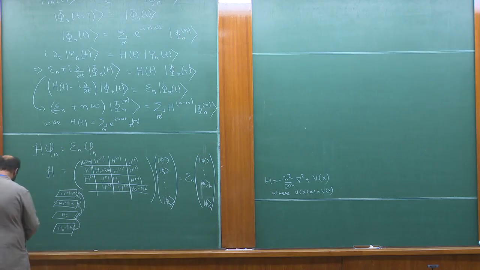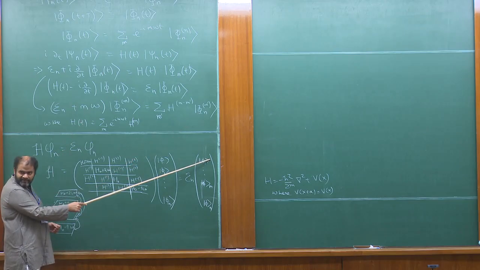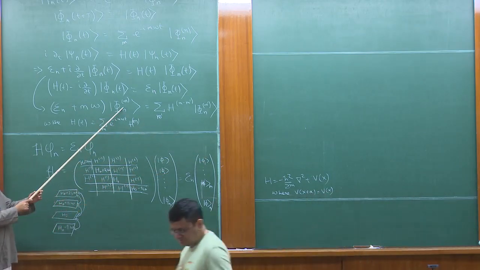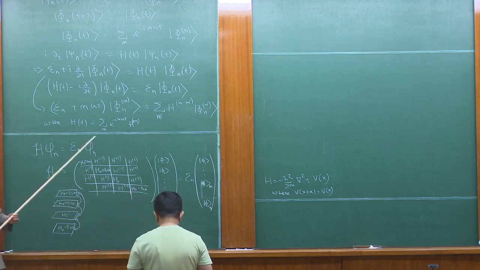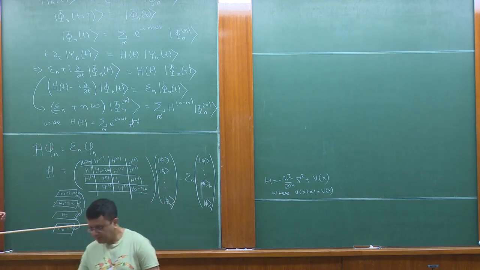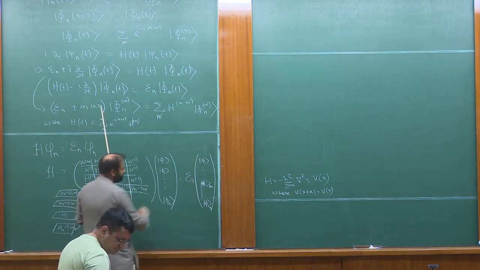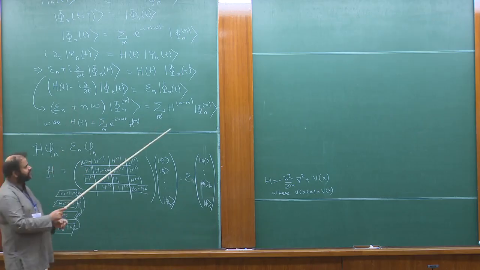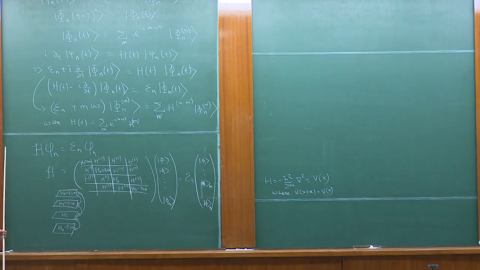The point is that this over here has many n's. This over here just has one m. This over here has many m's. So what I want to do is write down this whole set of equations and use it to write H phi equals E phi.